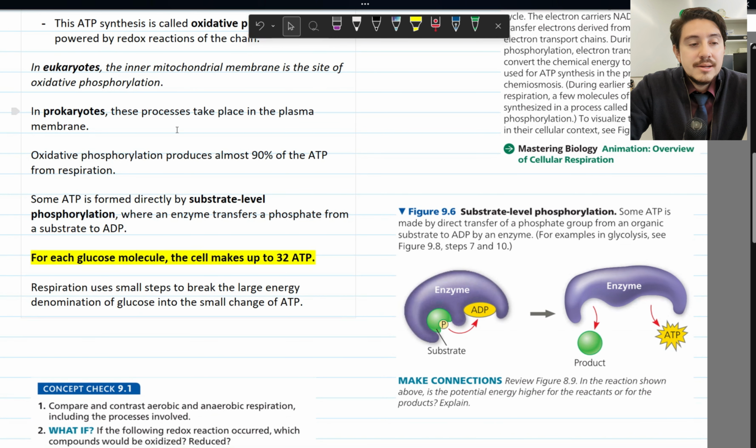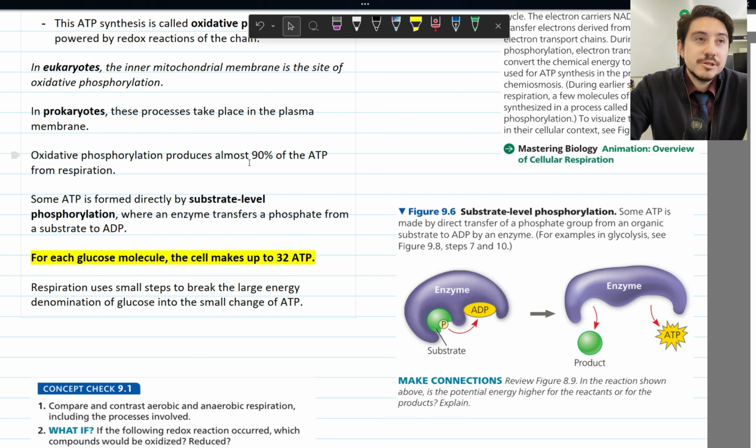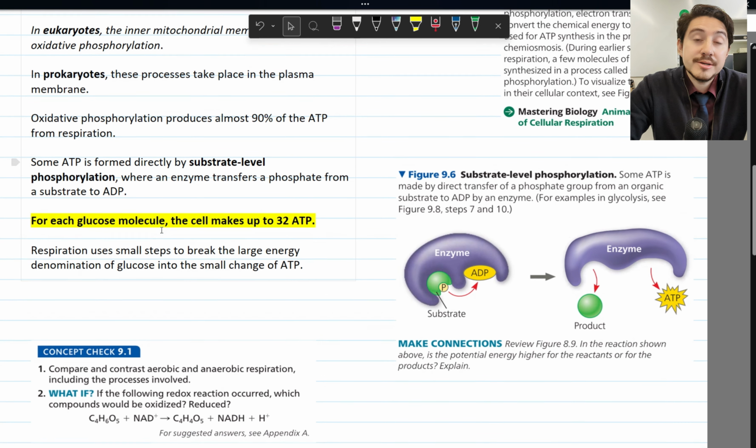This last step accounts for almost 90% of ATP production. So it's the one that harnesses the majority of the energy and produces the majority of ATP, between 30 to 32 ATP molecules per one molecule of glucose. Again, this is also something you should memorize.